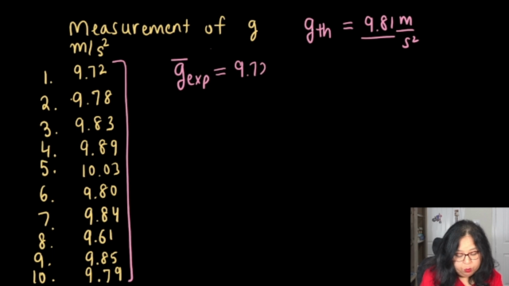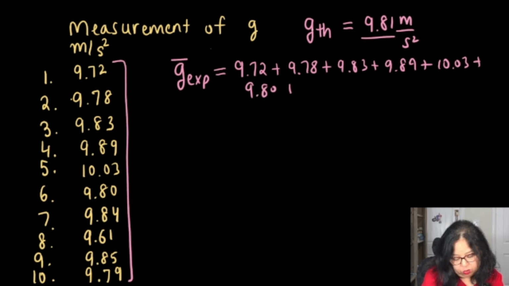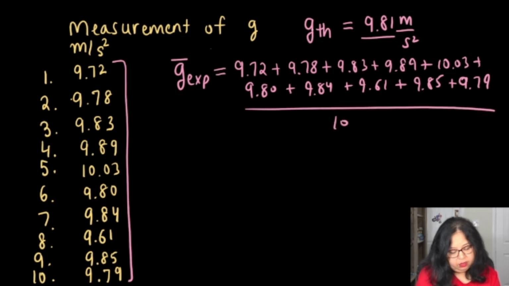This is going to be 9.72 plus 9.78 plus 9.83 plus 9.89 plus 10.03 plus 9.80 plus 9.84 plus 9.61 plus 9.85 plus 9.79, divided by 10.